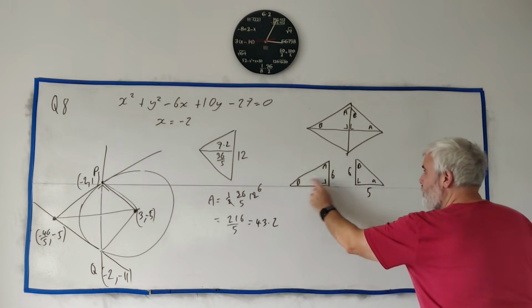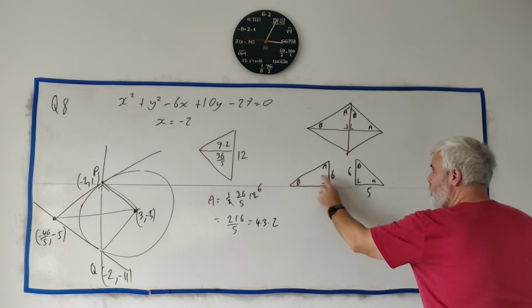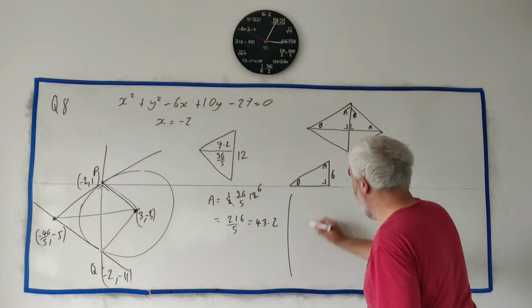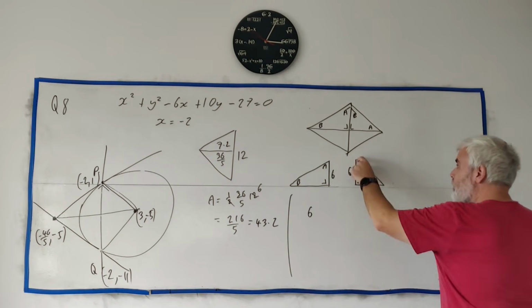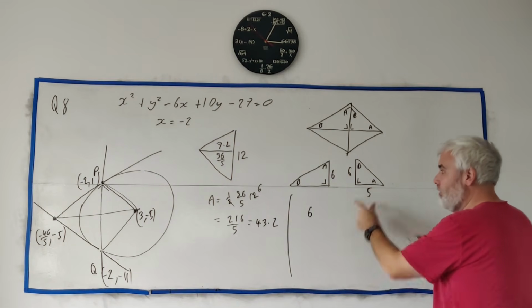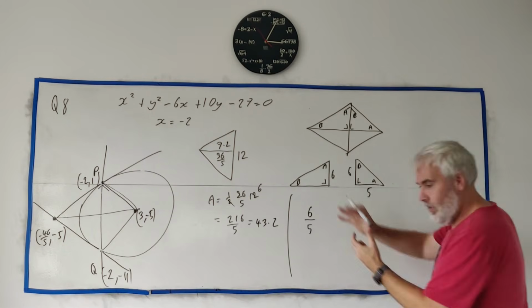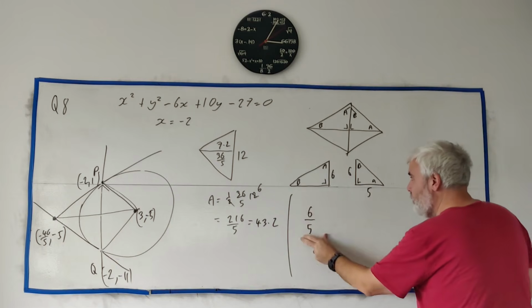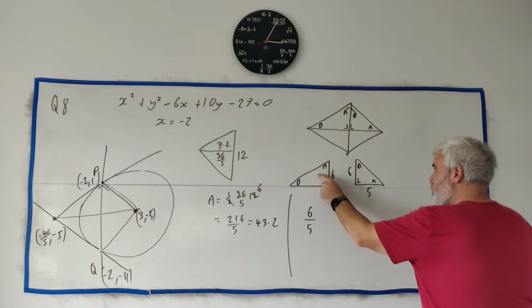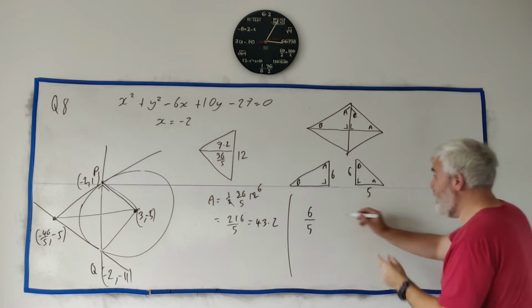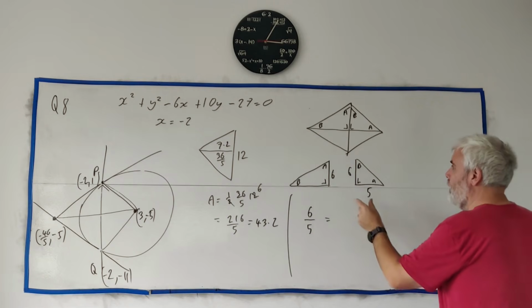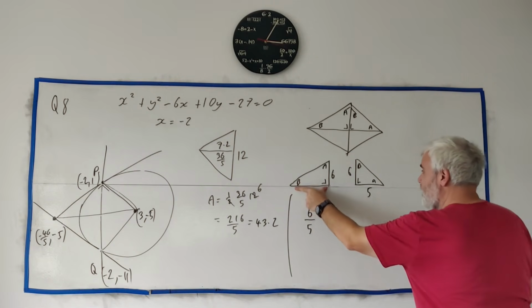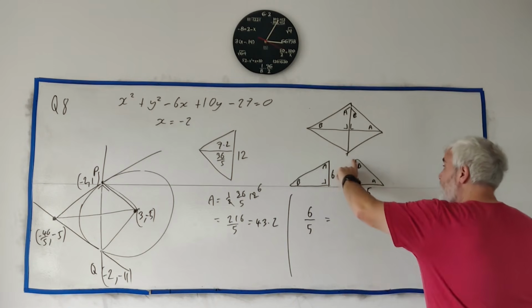Oh sorry, the length across from B. So the length across from B is 6 here, and the length across from B on this triangle is 5. The ratio of those two, how much bigger this one is than this, 6 over 5, is how much bigger this triangle is than this. That means that must equal how much bigger this length is than this one here.